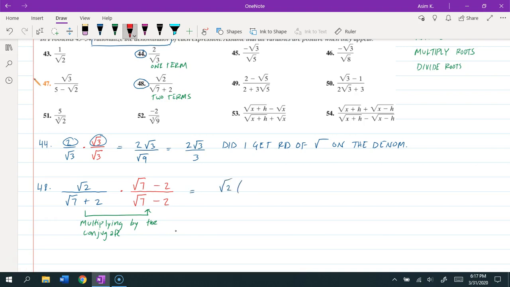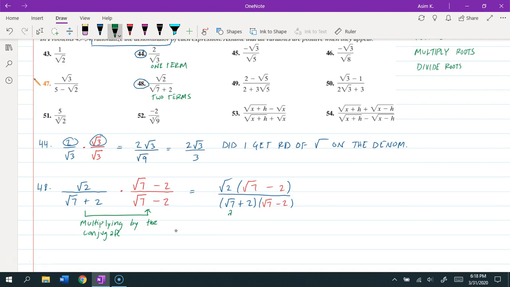So you're multiplying the root of 2 times this over here, and I've kept it in color to help you out. And then you're multiplying the root of 7 plus 2 by the root of 7 minus 2.